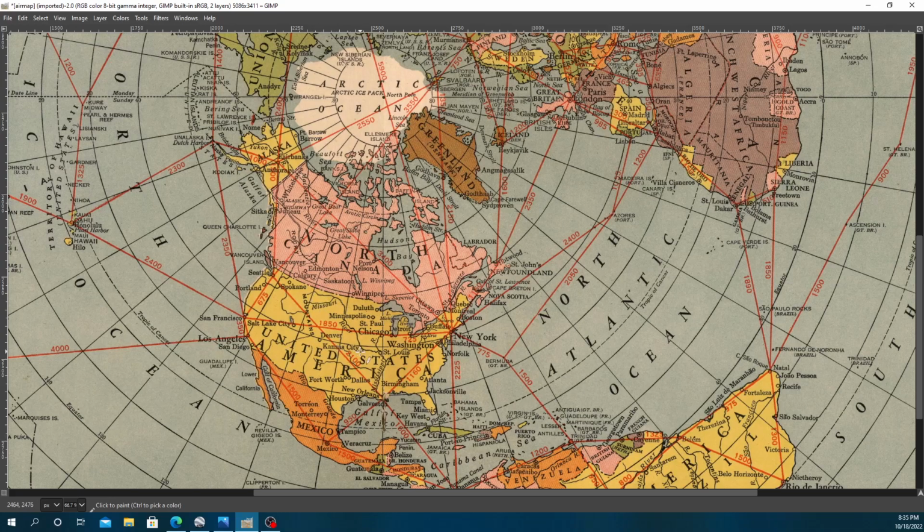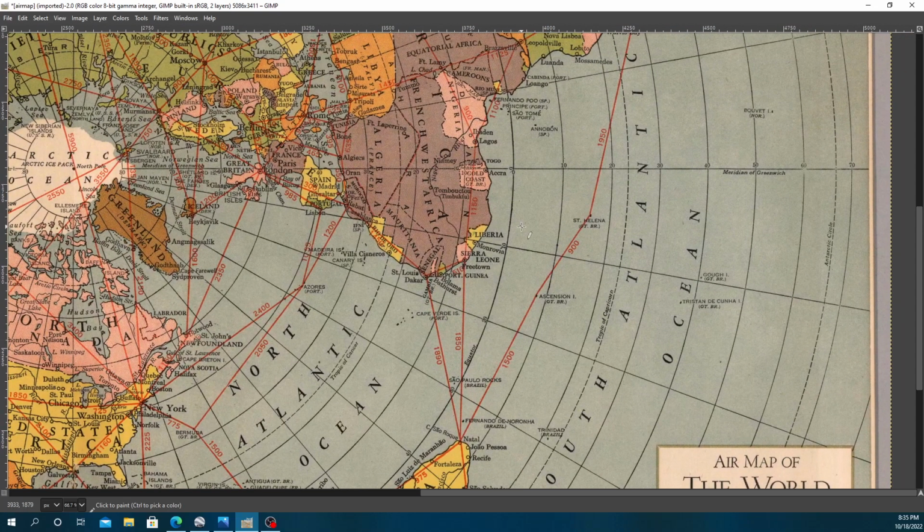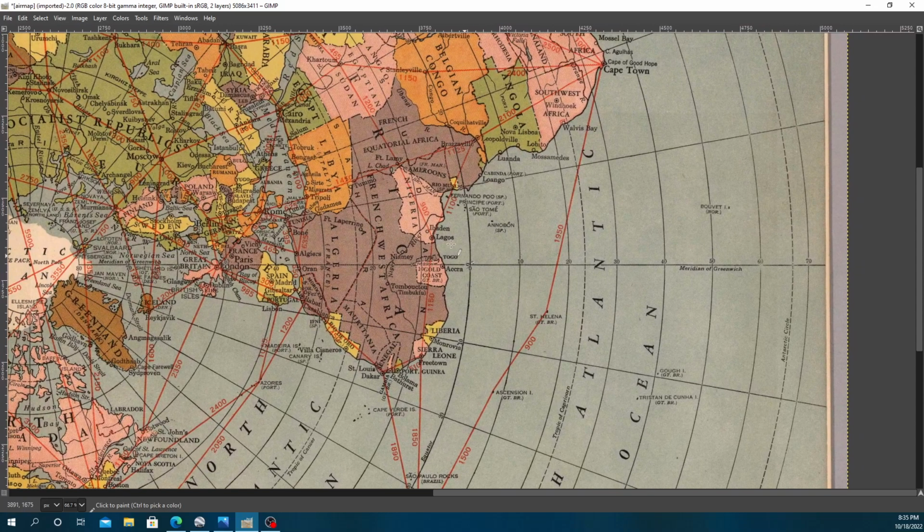So Kansas City right here, if you were to measure from the North Pole to Kansas City, you're going to get the exact same distance as you would on a globe. You measure from the North Pole to Africa, Niamey, Togo over here.